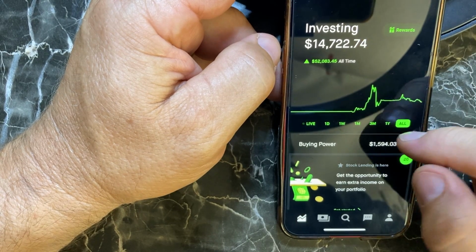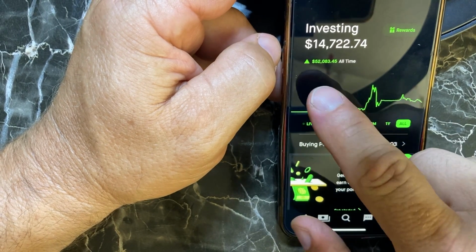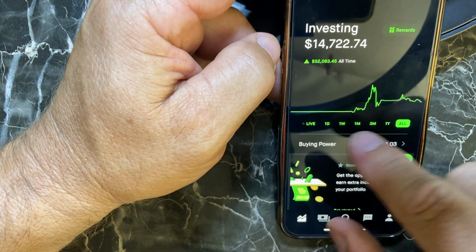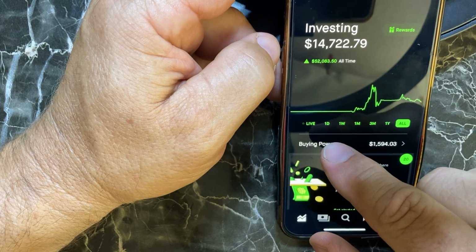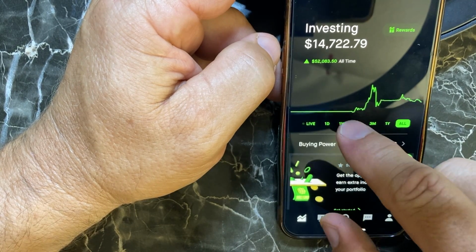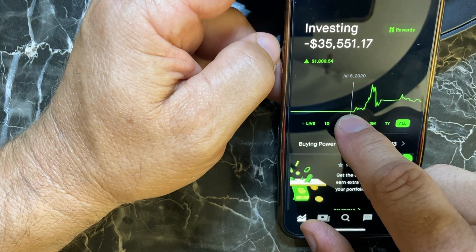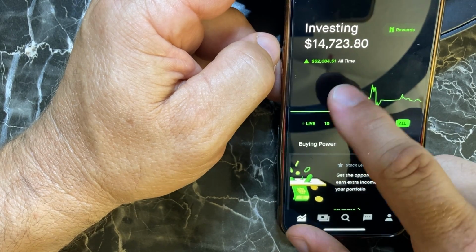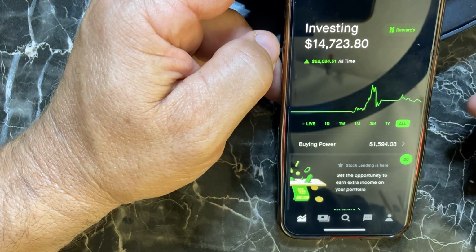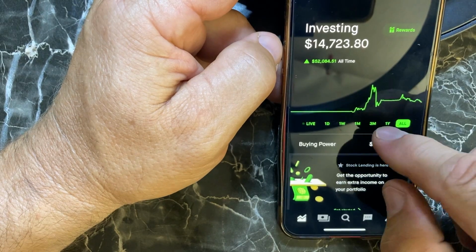So this has been a bad year so far, but as you can see, last year from the beginning, which is, where was it? July 6, 2020. It went up $50,000. But I cashed out and started over again.